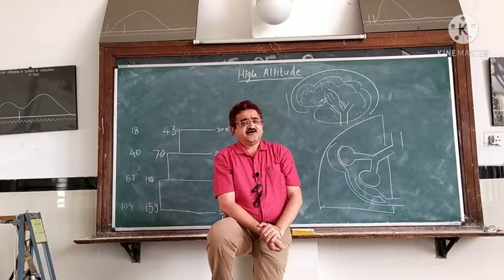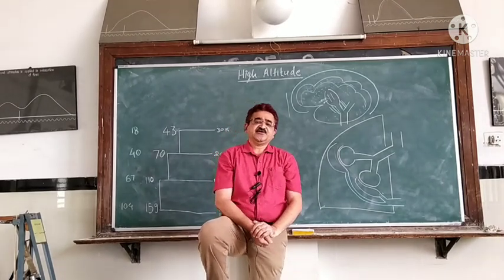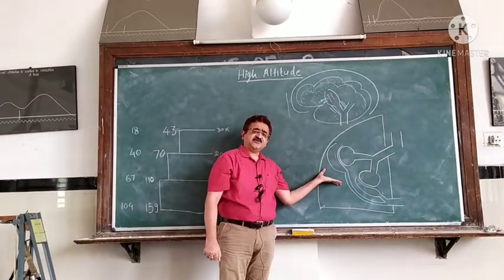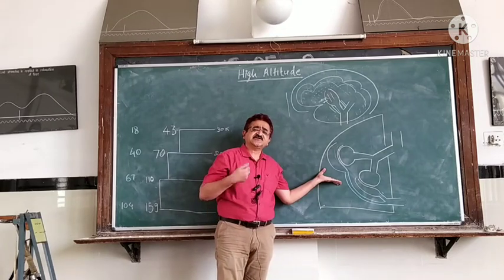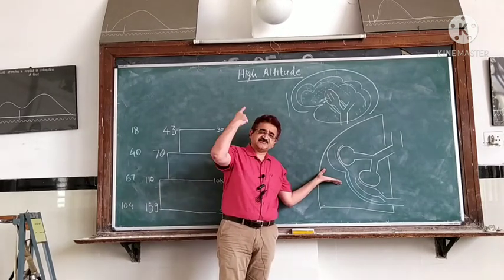Then, apart from the brain, one more organ is also affected, and that is the lung. What happens in the lung? There is difficulty in breathing. Why is there difficulty in breathing when we are ascending?